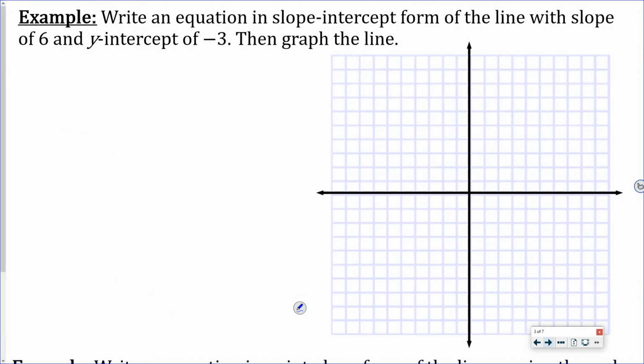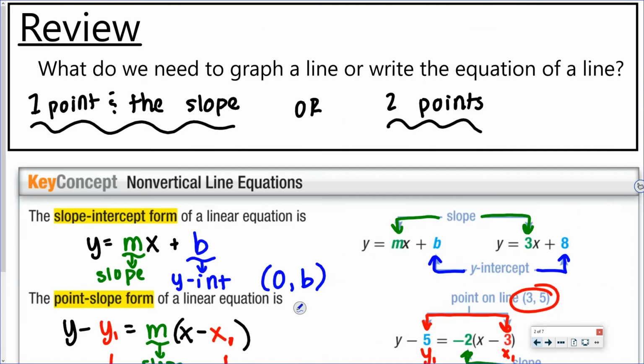Picture this, if I pulled up a coordinate plane here, the only way I could have a point that crosses is if the ordered pair was 0, comma something, right? So your y-intercept as an ordered pair might show up like this. If you see (0, -3), hey, you're actually given the y-intercept, even though it doesn't say my y-intercept is negative 3. All right, there's your review.